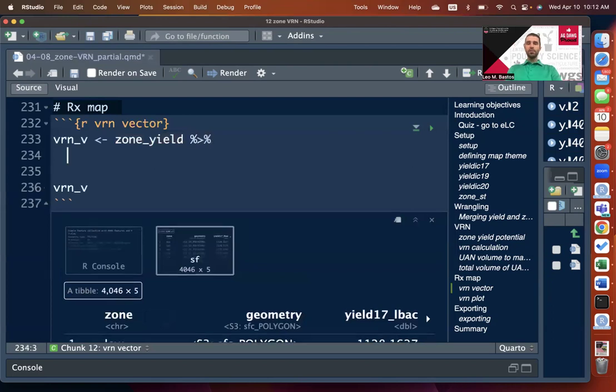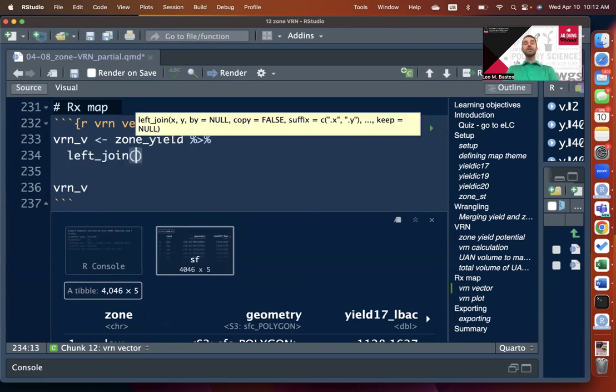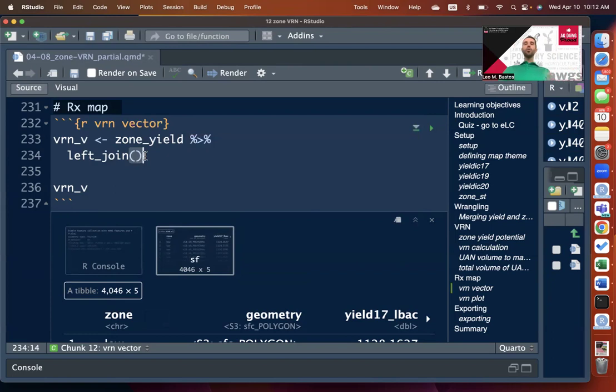So we could do a couple of different types of joins. I want to show you here to do a left join. So we're going to basically ignore the spatial component on this step, and we're going to use a left join, which has no regard for spatial information. It just uses two columns with the same name to match. So I want to do a left join on the VRN object.